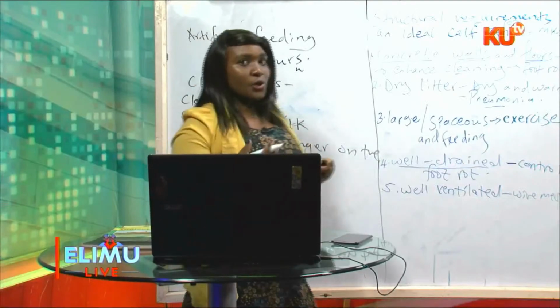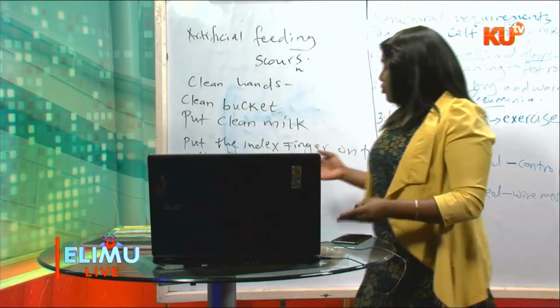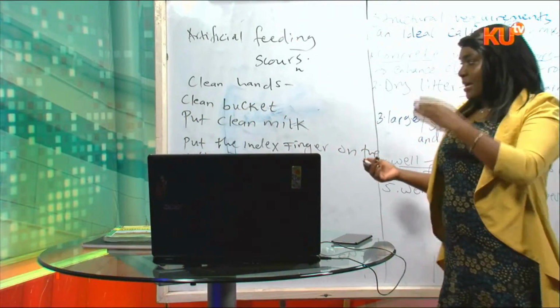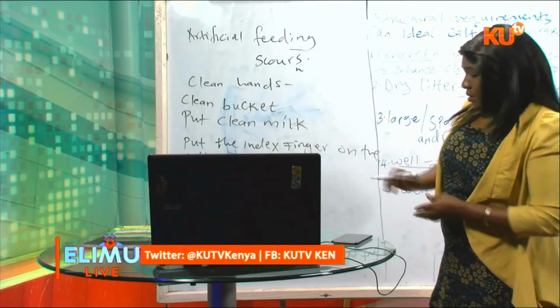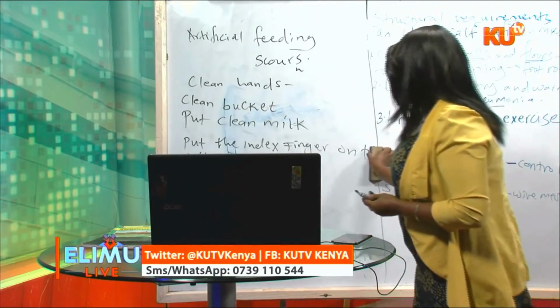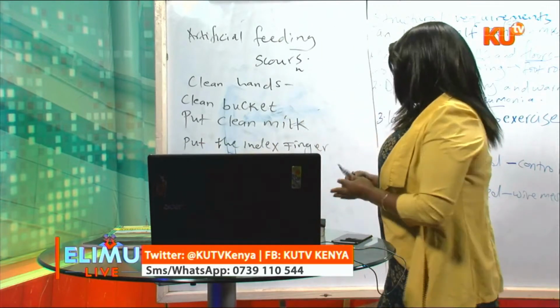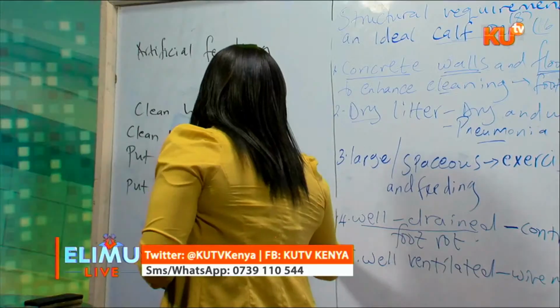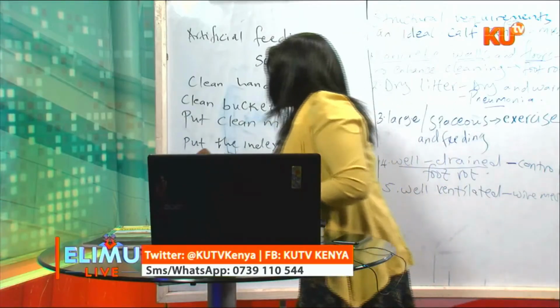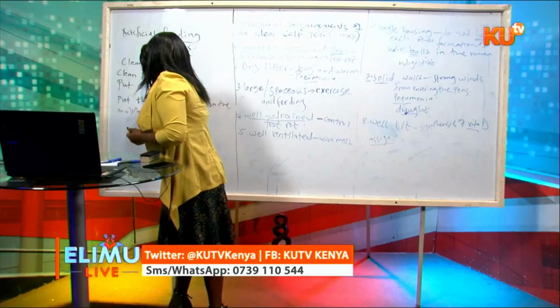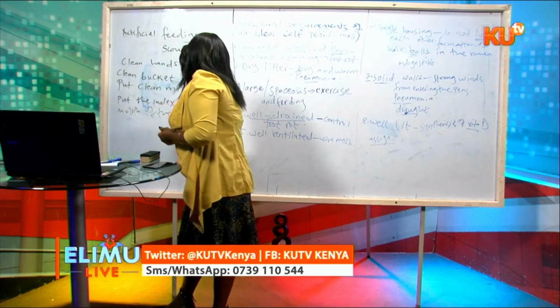Then you entice, or you bring the calf so that you can make it drink. Actually, you put the index finger on the mouth, not on the milk. You put the index finger on the mouth of the calf.